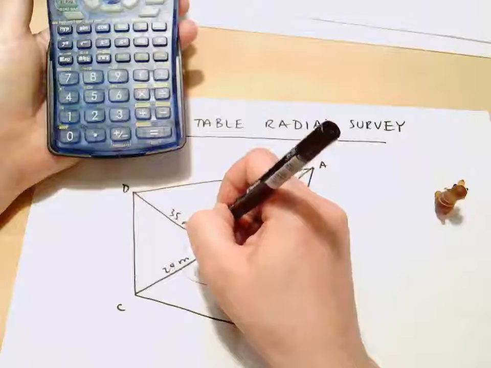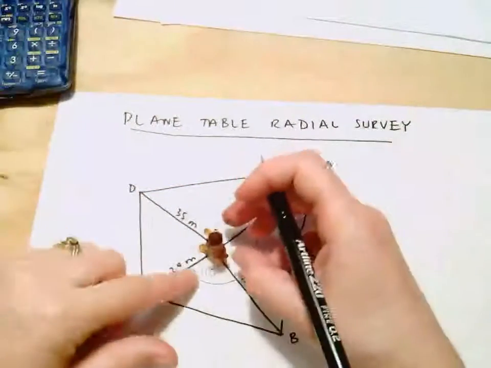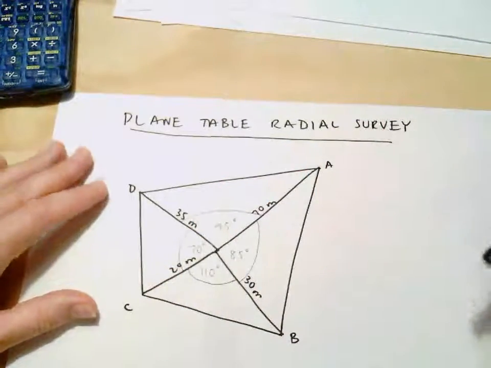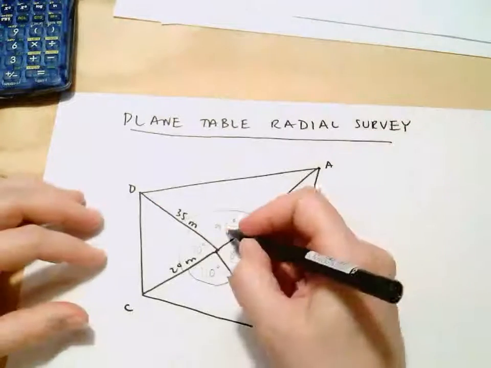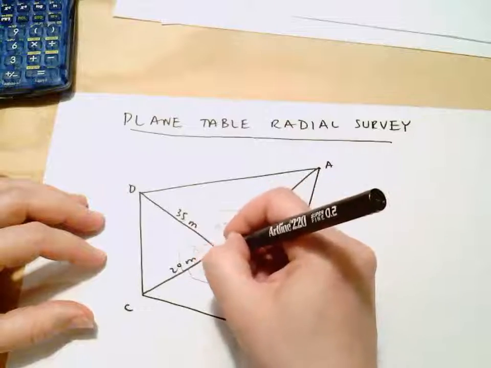This doesn't look very good in terms of an angle, looks like more than 95, but let's just imagine that's all good. So he's turned through 95 degrees to get back to point A. This is what we call a plane table radial survey. You mark all of those angles at the centre, at the origin, which we mark with an O.